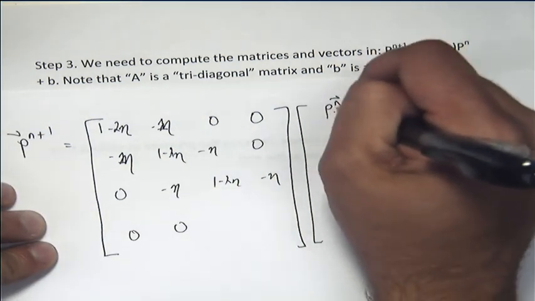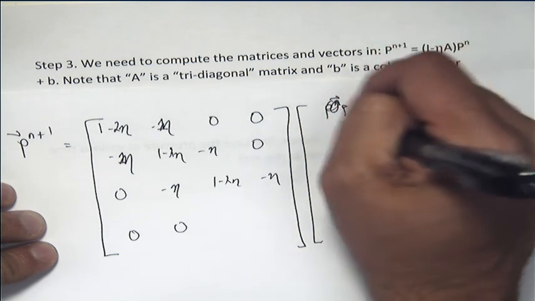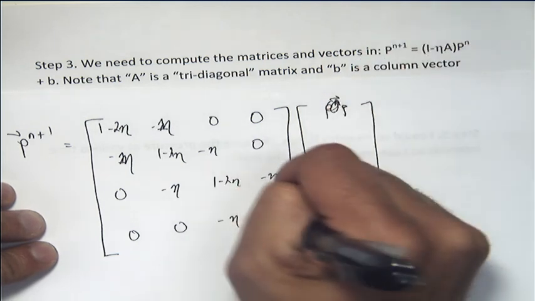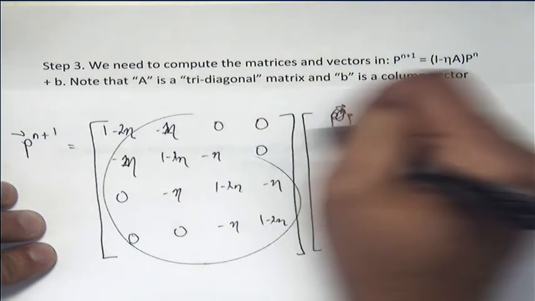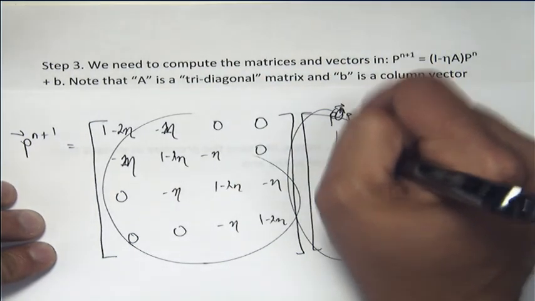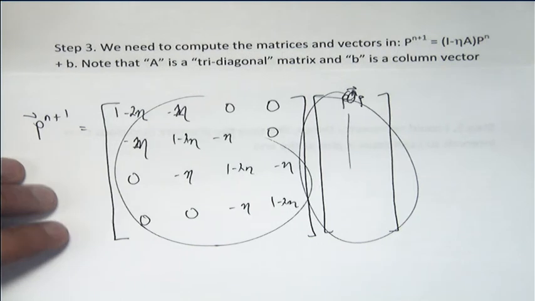I want to point out that I'm not solving a system of equations because this is still explicit. I'm just doing matrix times vector multiplication, where this is the right-hand side vector plus boundary conditions.